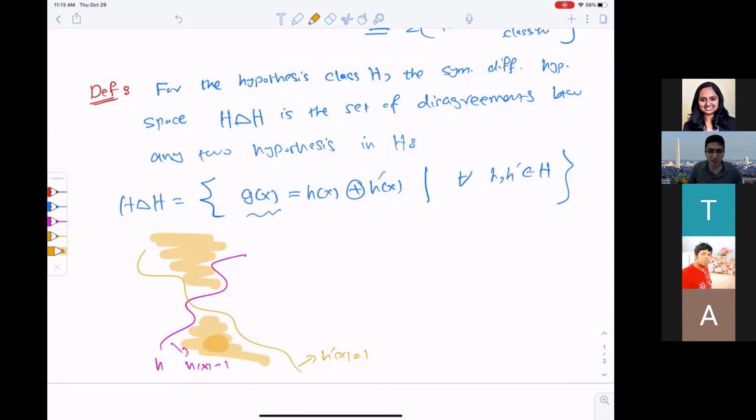Okay, so I see some questions in the chat box. Let me just monitor it for a second. Does that mean there is a separate test set for evaluation in the target domain?